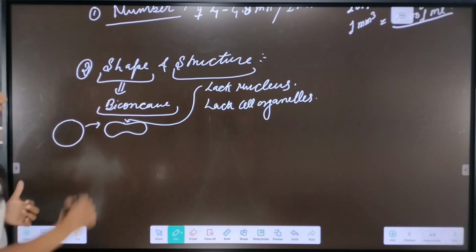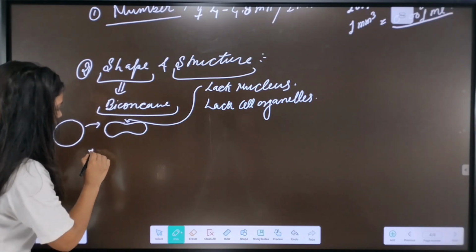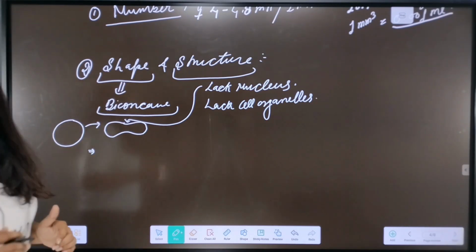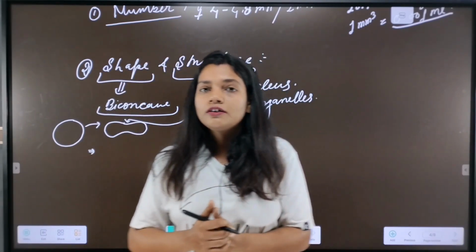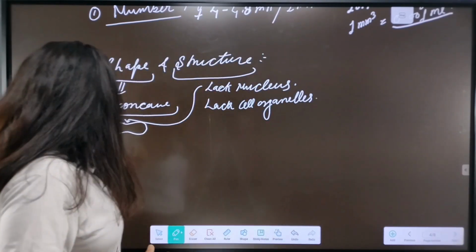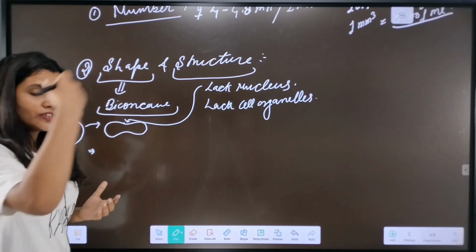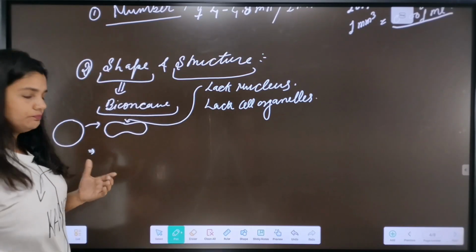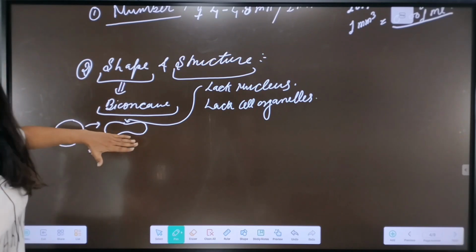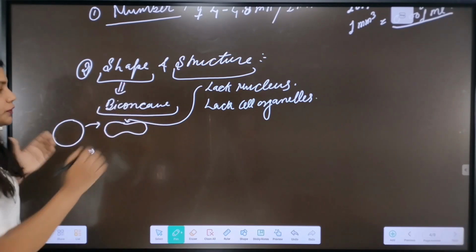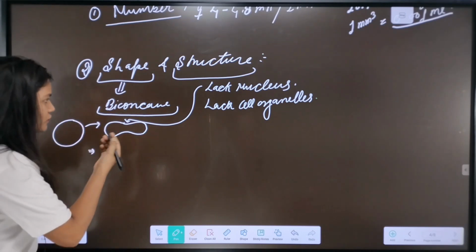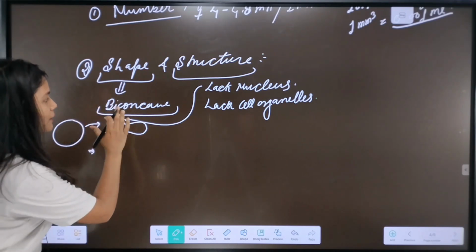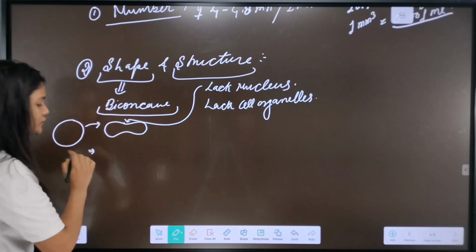What is the advantage? First of all, their surface area. As we know, the transport of gases takes place with the help of diffusion. So if the surface area is increasing, the diffusion becomes more efficient and also more rapid. So what is the first advantage of having a biconcave shape?